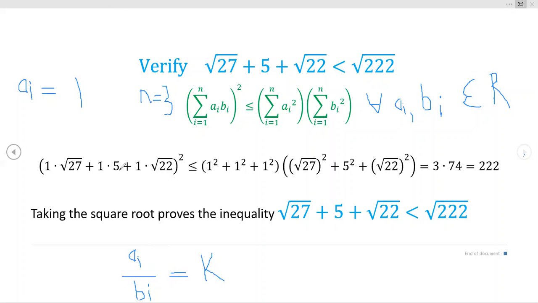You see the way I've got it set up here, I did the a sub i's as the 1s, but you would have 1 over root 27 plus 1 over 5 plus 1 over root 22, where they're not going to equal the same constant, right? That's kind of trivial.